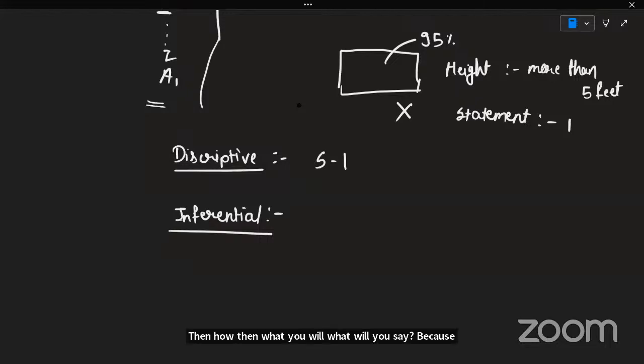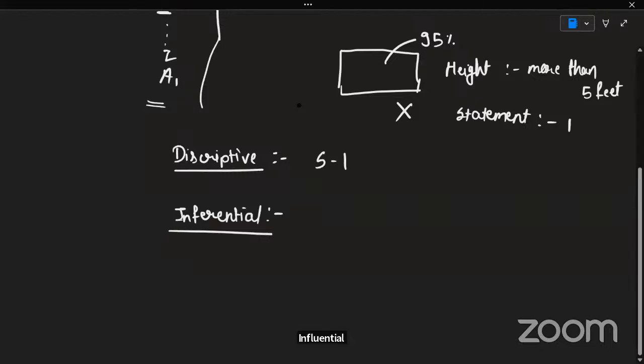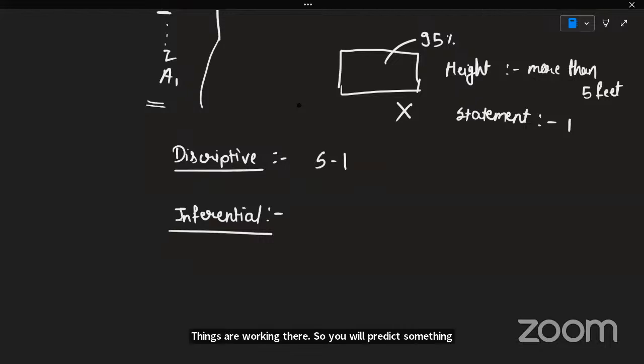Because you know that more than 95% of the people of that town have a height of more than 5 feet, maybe some genetic factors are working there. So you will predict something about the height of those 2 newborn babies. That will come under the part known as inferential, right? Inferential. Yes. Fine.